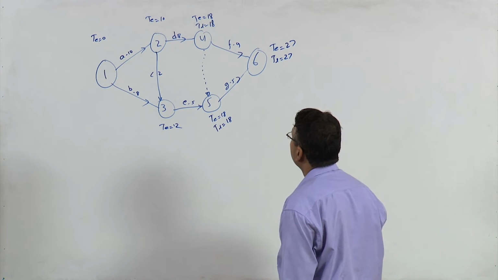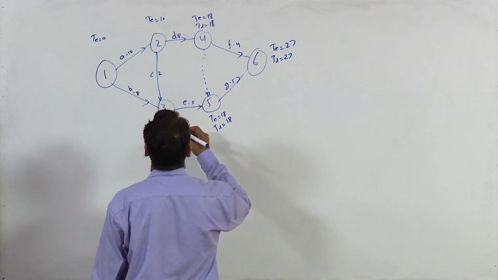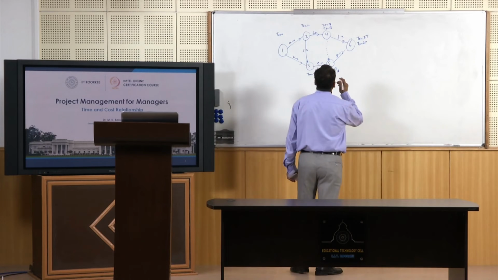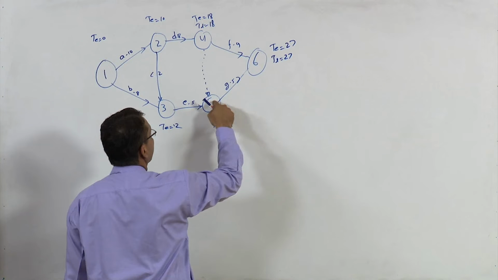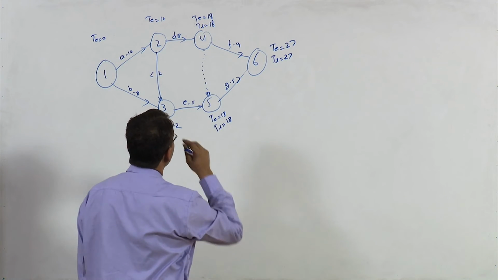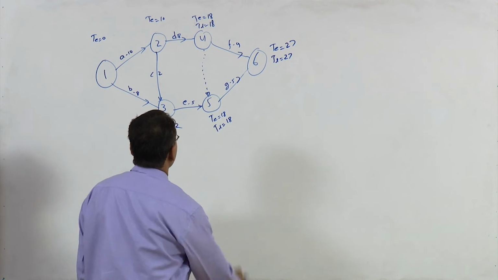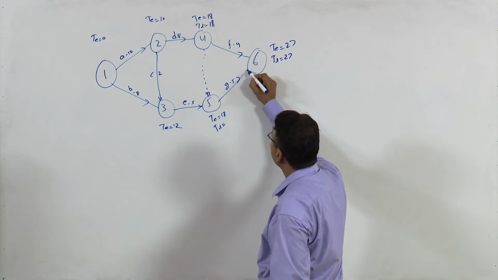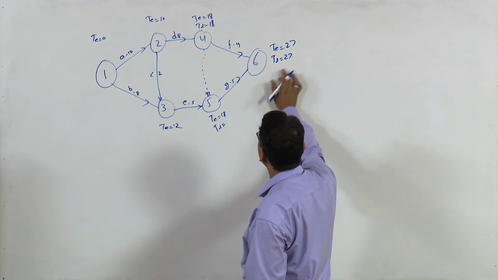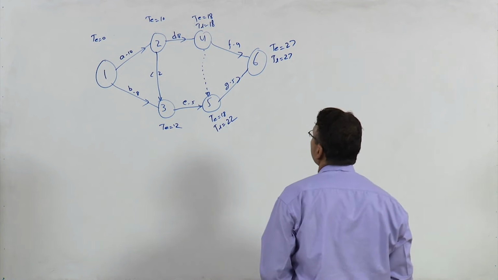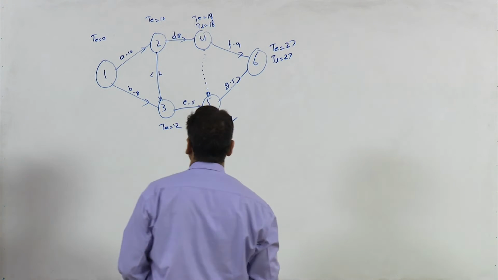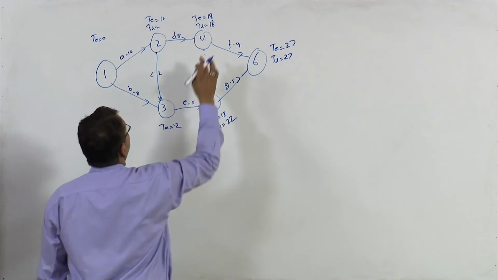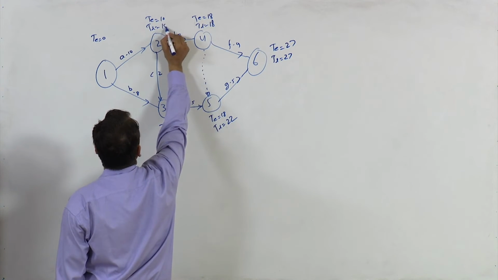Now, TL here, we have to take from here to here. So this is 22, and if you look at TL here, it is 18 minus 8, so this is 10.